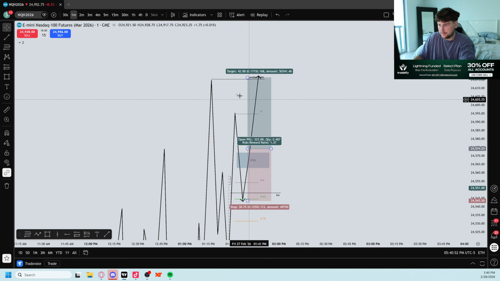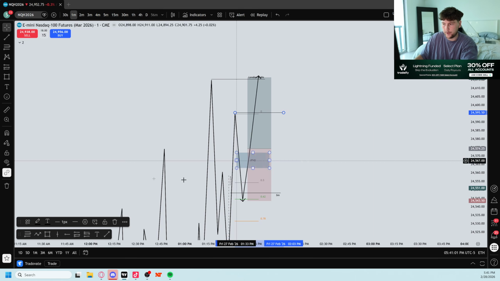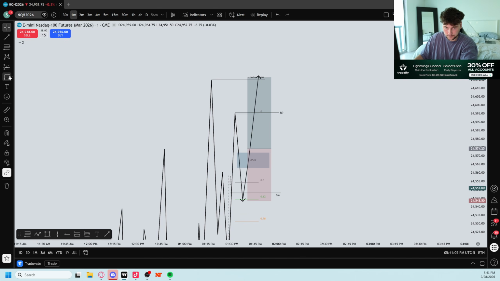So instead of trying to hold this till London highs, how often would you say that price goes to where your break even point is, right? Here would be our break even point, and then comes back down and reverses and breaks you even.